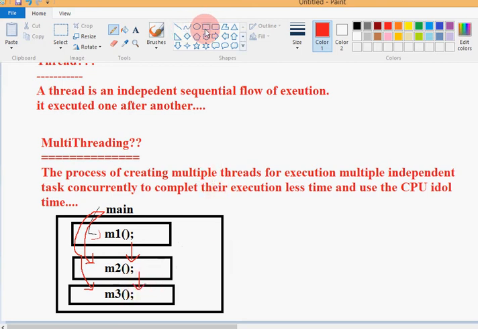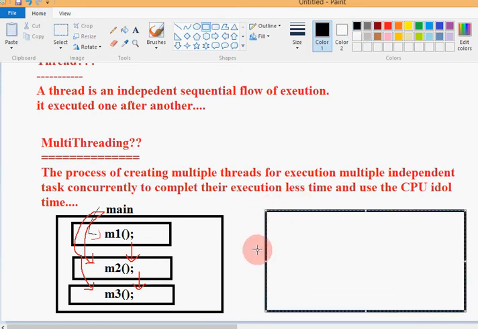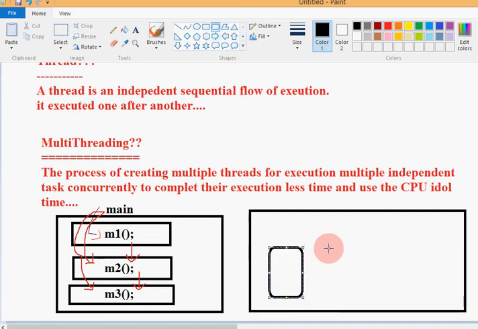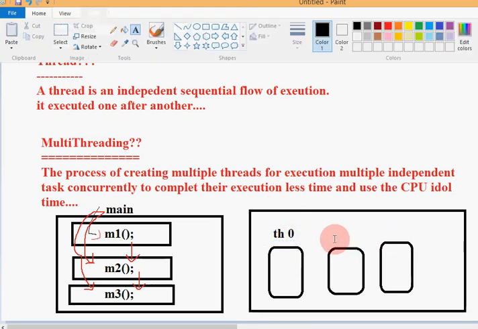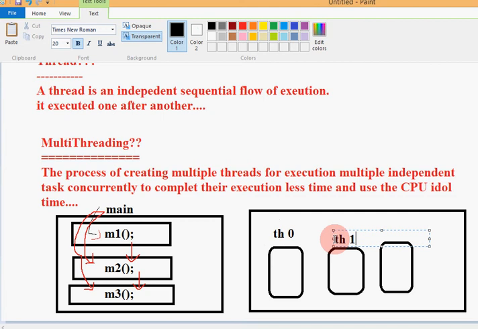But if you are doing the tasks in a multi-threading program, what happens? It creates three threads. Here is one thread, another thread, and a third thread. Suppose they are called thread 0, thread 1, and thread 2.